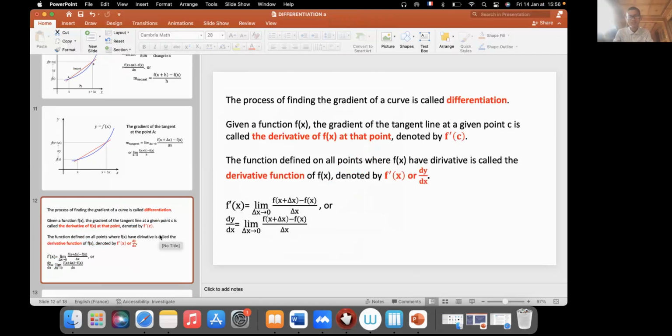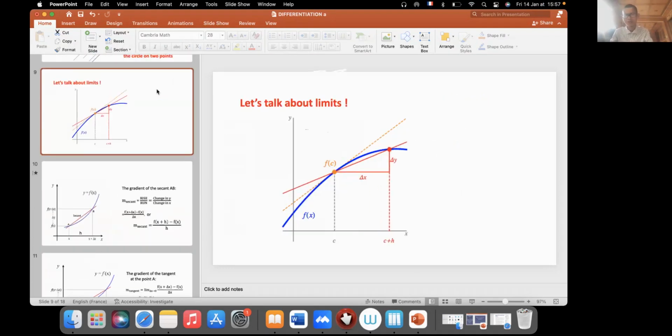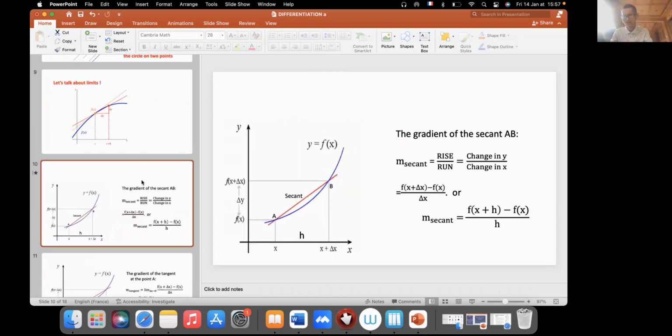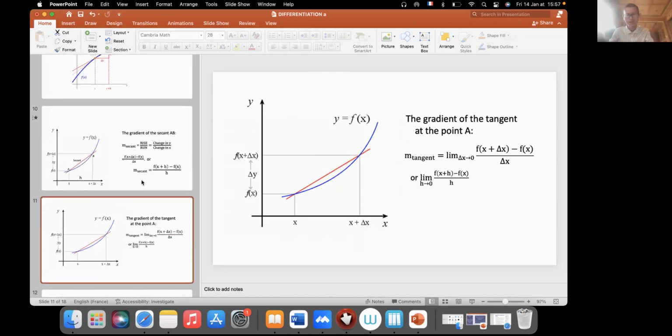Now, the above process of finding the gradient of a curve is called differentiation. Let's recall, it includes two steps. The first step is you draw a secant line and calculate the gradient, right? The second step, we let the secant line get closer to the tangent line, and we use the limit operation, right?